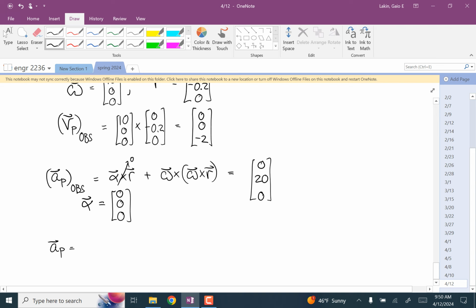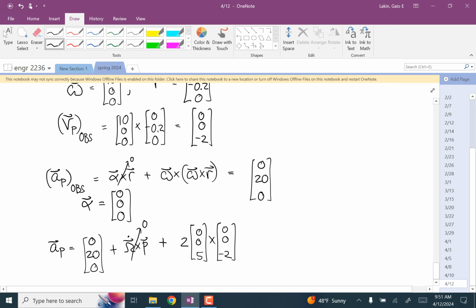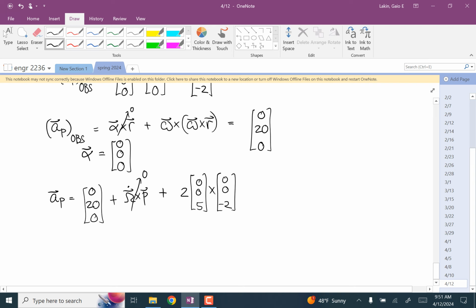The acceleration of that point P is 0, 20, 0, plus capital omega dot cross P, which is 0 because omega dot is 0, plus 2 times 0, 0, 5 cross 0, 0, negative 2. Who can do that in their head?